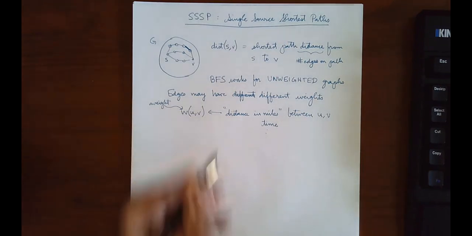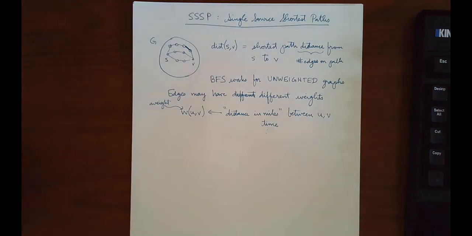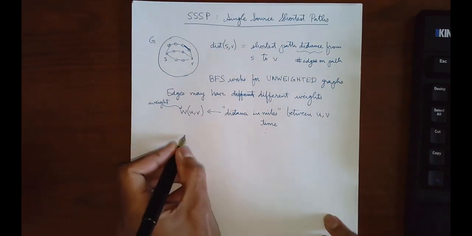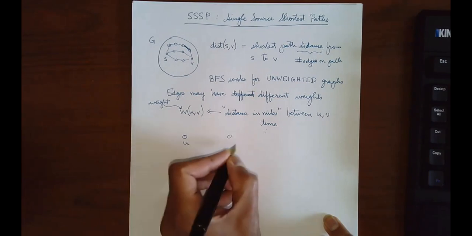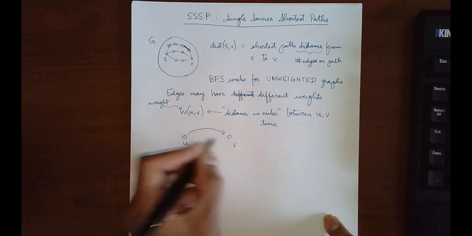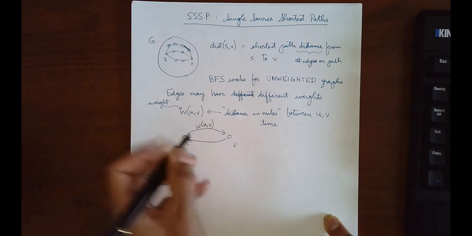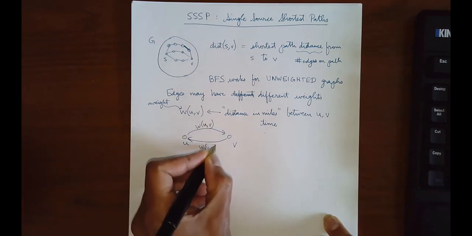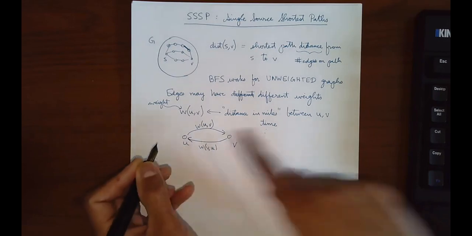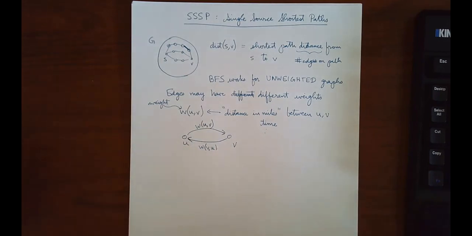It could be anything, but it's some number called the weight. And usually we'll think of directed graphs here. So the weight of going from u to v and the weight of going from v to u are different. There's a weight of going from u to v, a weight of going from v to u.